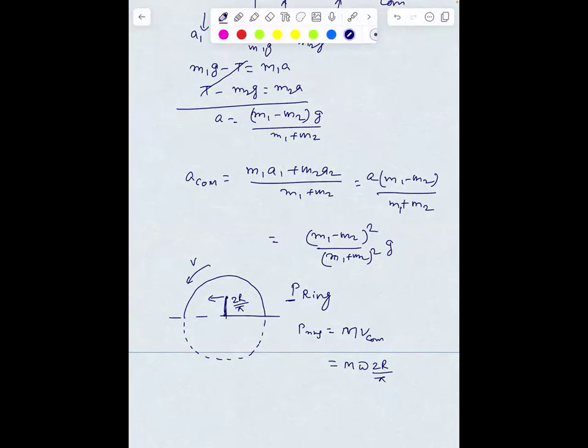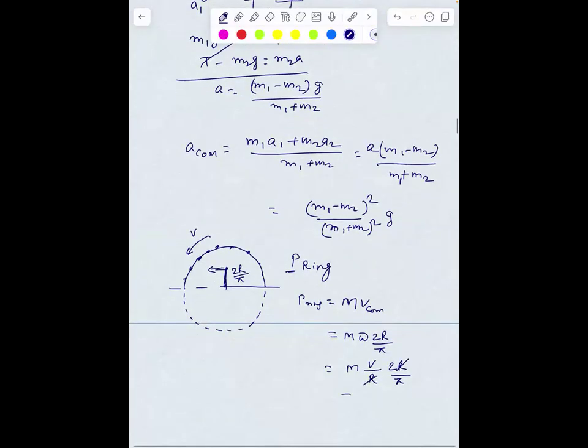But omega must be the same for the center of mass and this point, this point, this point, for every point and center of mass, omega should be the same. So can I write omega as v by r? So v by r into 2r by pi, guys. So this cancels this. So I can write this is nothing but 2mv by pi.